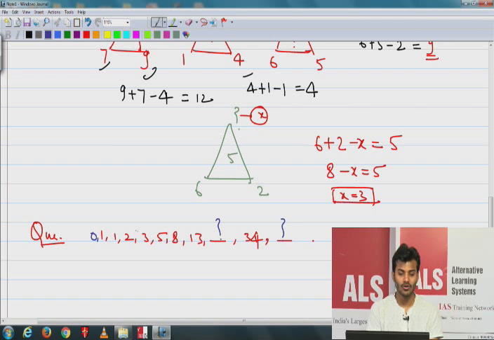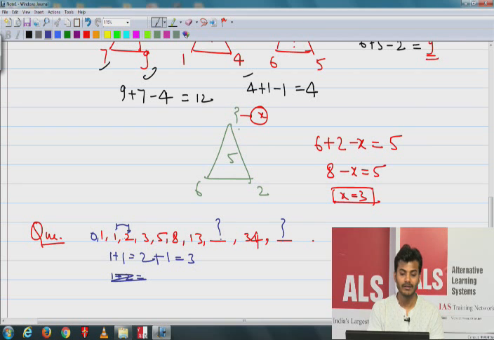On the same note, you see how 2 is coming? 2 is coming when we add 1 plus 1. Then 1 plus 2 will give you 3, right?